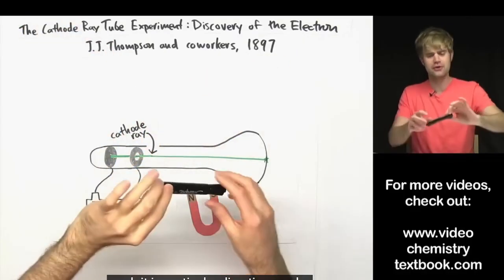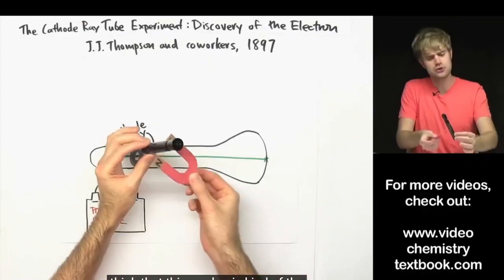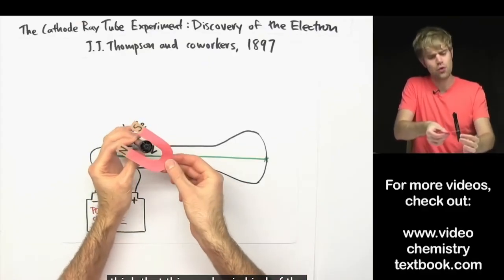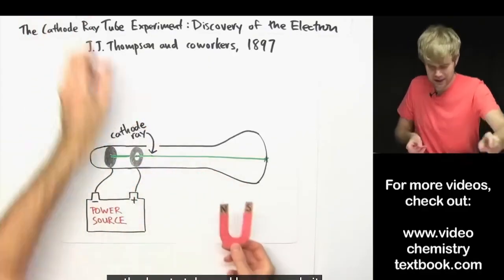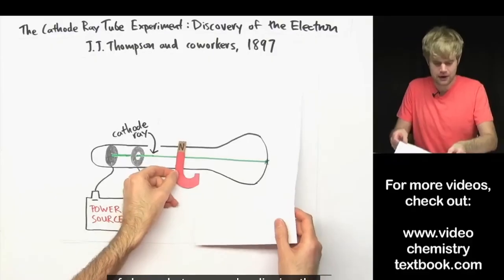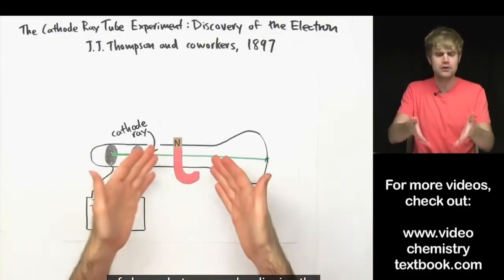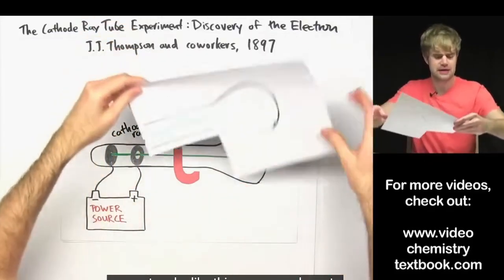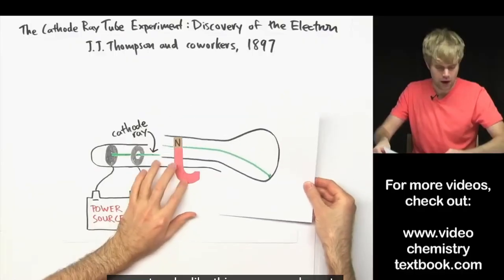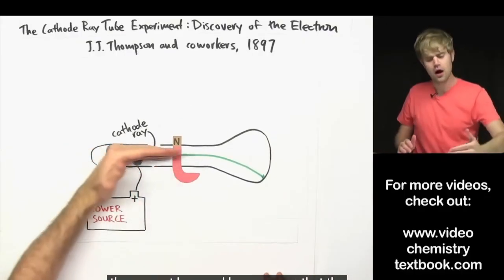So he takes a cathode ray tube, if you want to think that this marker is kind of the cathode ray tube, and he surrounds it with a magnet, just like this. We can kind of show what goes on by slipping the magnet under like this.